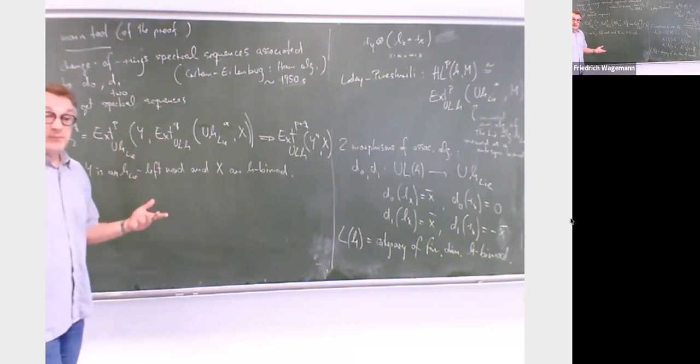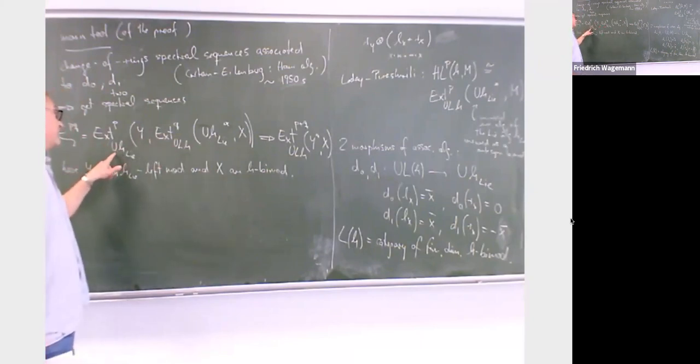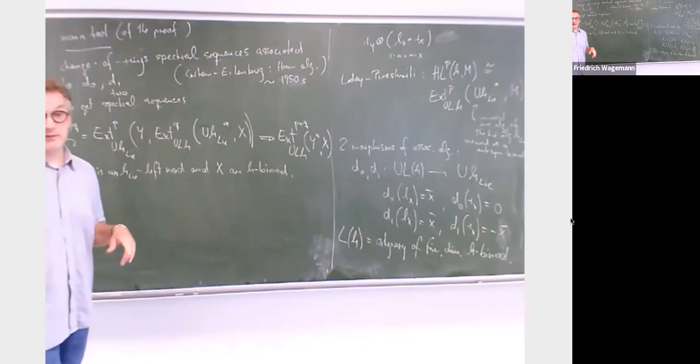This gives you not only an abelian group and a K vector space, but also in fact a U(H) Lie left module.